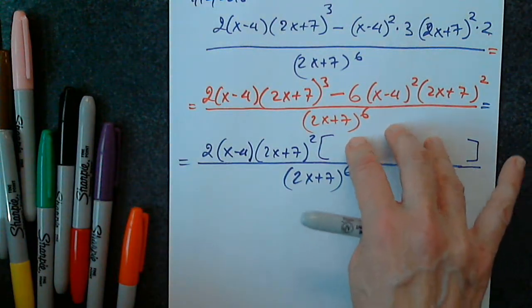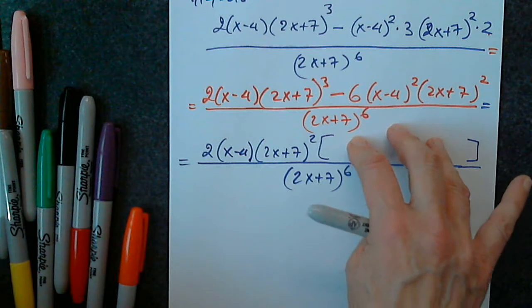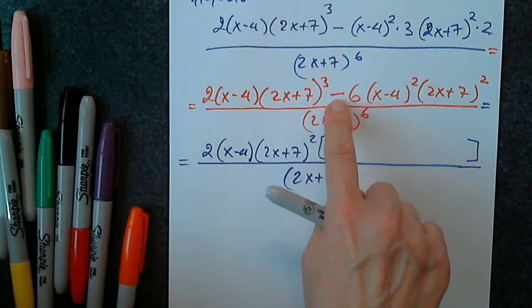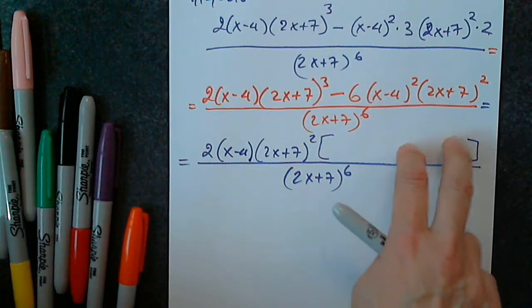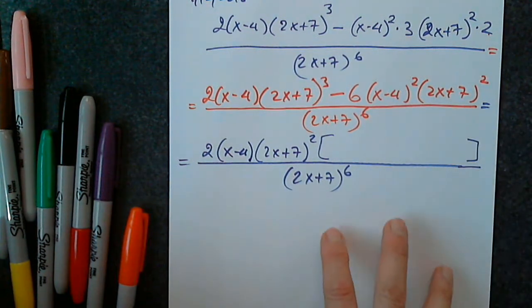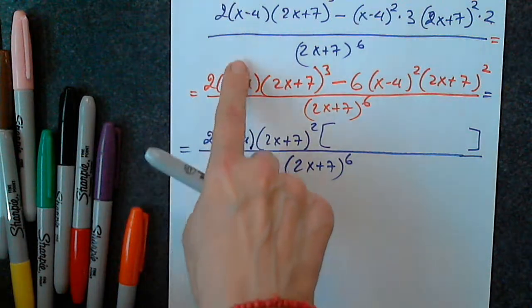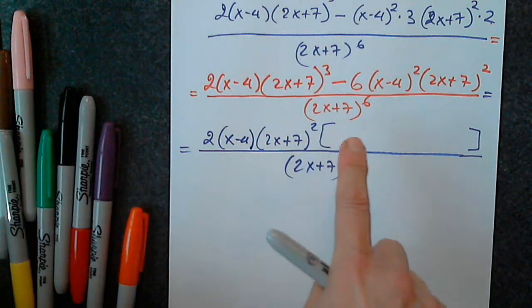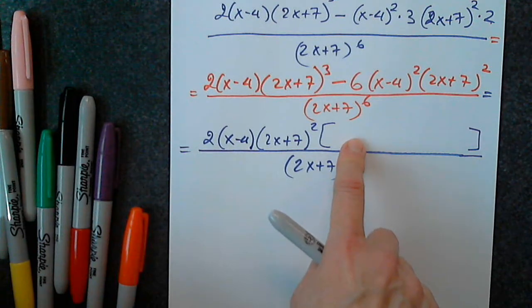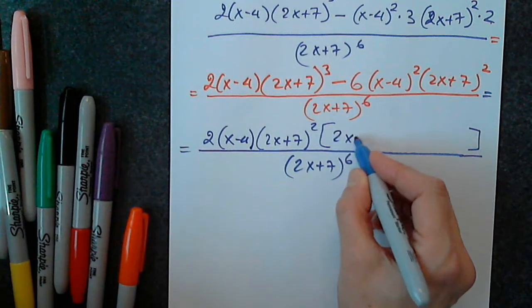In here, I have to have something that is left over from the first term, then minus something that is left over from the second term. Good. So 2 is out, x minus 4 is out. 2 of the 3 are out. So what is left from the first term? That's it.